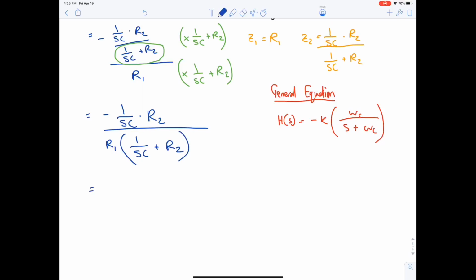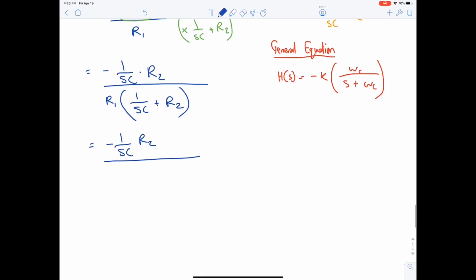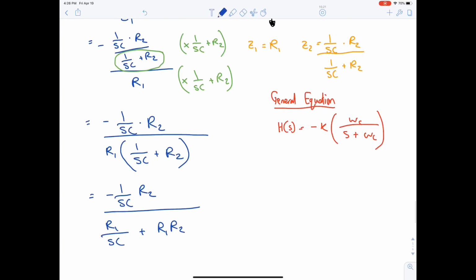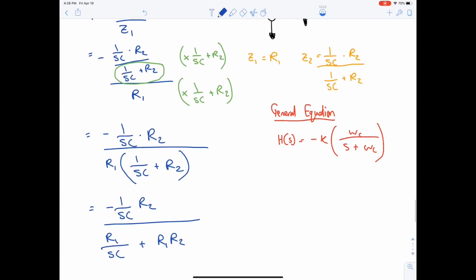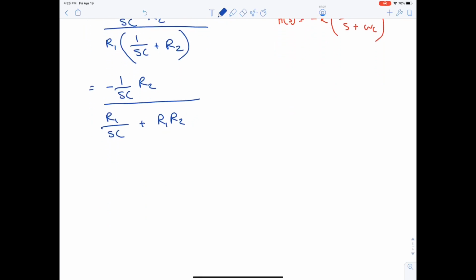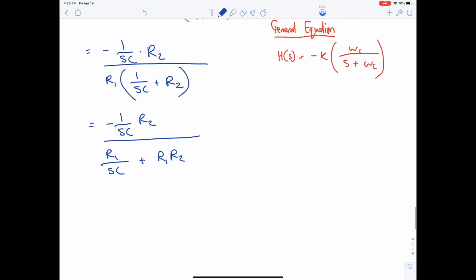This is equal to minus 1 over SC R2 divided by R1 over SC plus R1 R2. Right? Why do I feel I have done something wrong? No, I think everything is correct. Okay, let's move on. Now we have to convert this form into the general form.